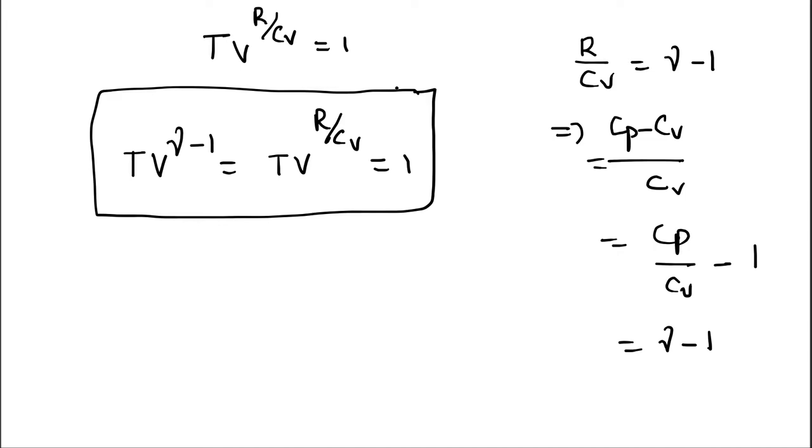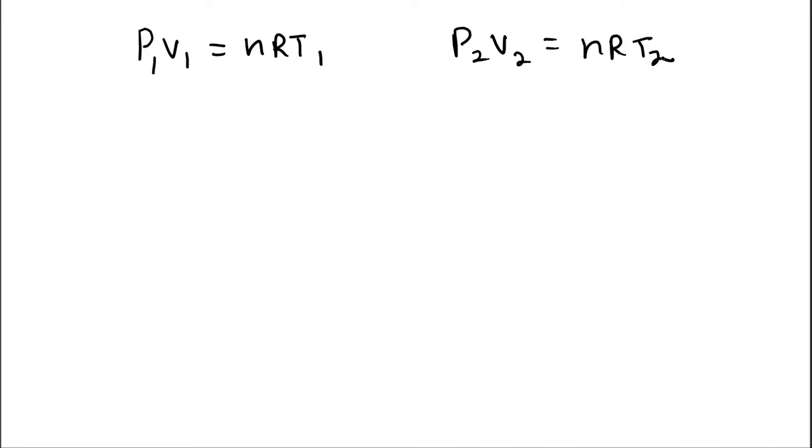Now let's take the relationship between pressure and volume. We know that for an ideal gas, let's take P1 V1 equal to nRT1, and P2 V2 equal to, at the second state, nRT2. So now let's divide the two equations.